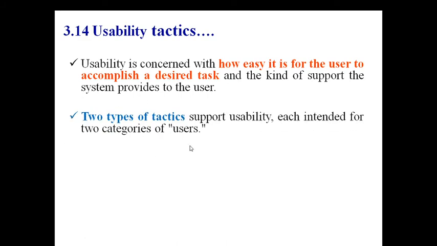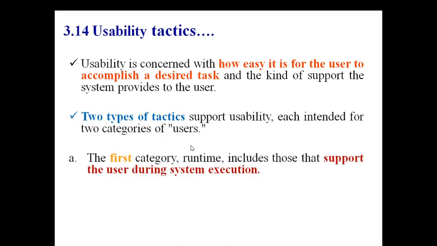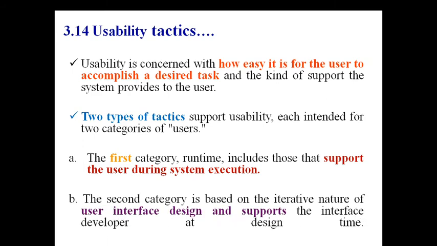Two types of tactics are going to be used. The first one is supporting the user during system execution. Whenever some program is running, what the user is expecting and how the user is going to respond to some outcomes. This is the first one. The second one is at design time: user interface design, which supports the interface developer at design time.